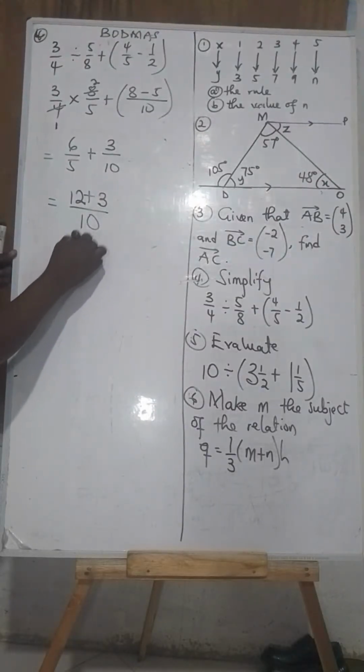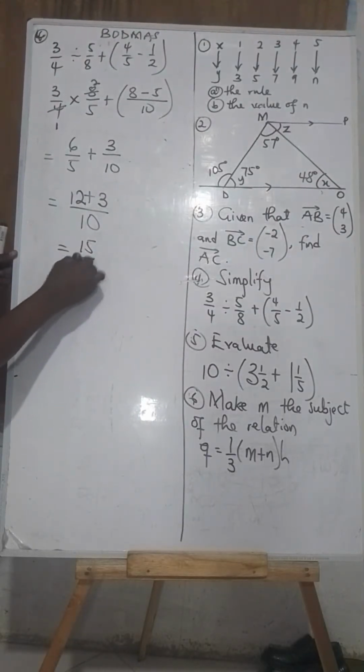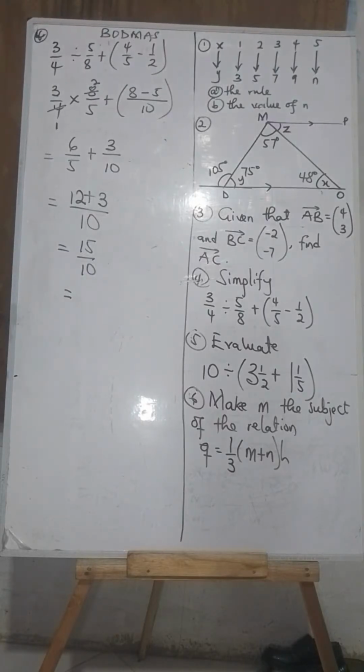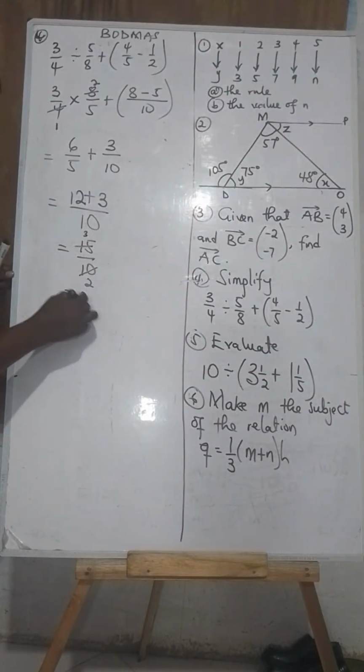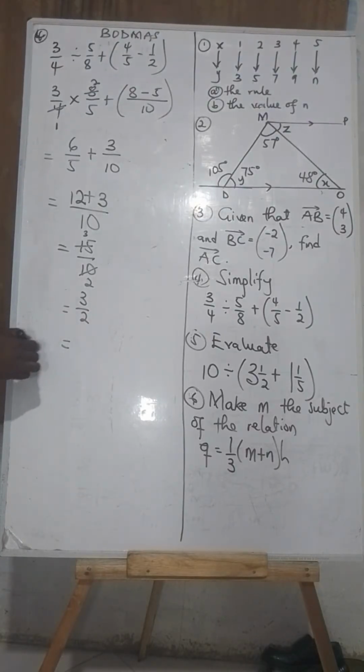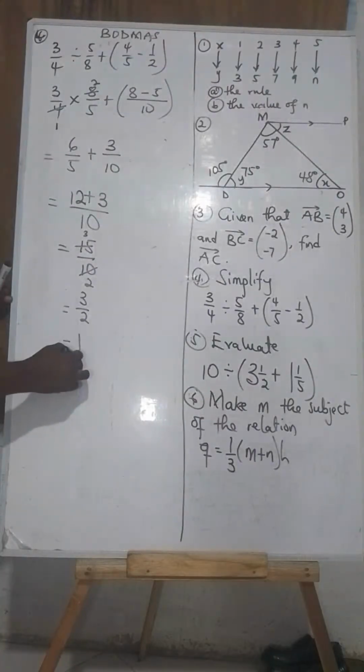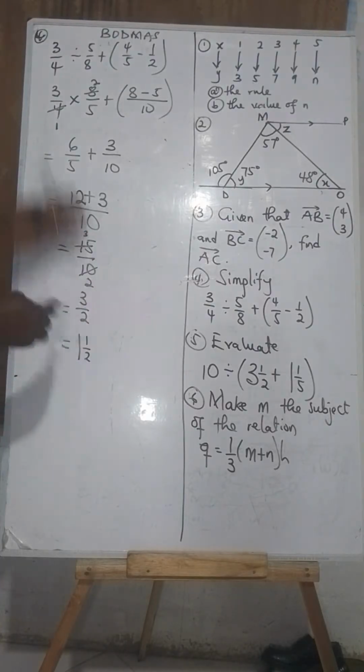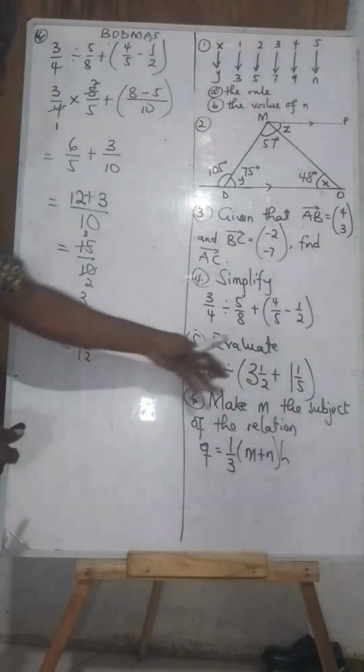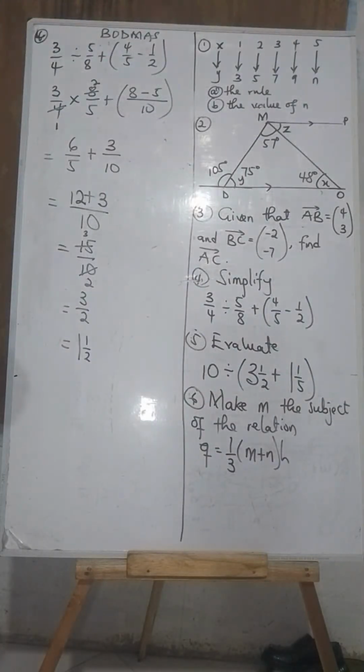So I'll have 15 on 10, which can simplify. 5 into 15 is 3, 5 into 10 is 2. So we get 3 on 2. In mixed fraction, 2 goes into 3 once, with a remainder of 1, so 1 and 1 on 2. You can leave your answer in mixed fraction. So this is very simple. If you can try the next fraction for us to see, that would be very good.